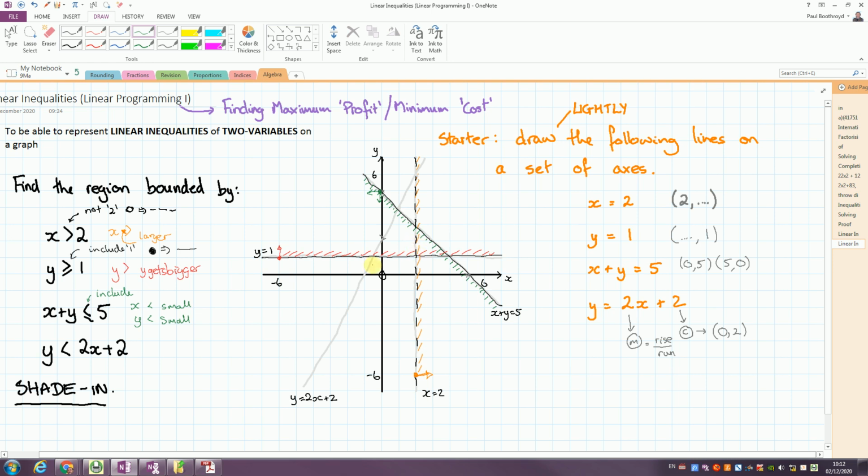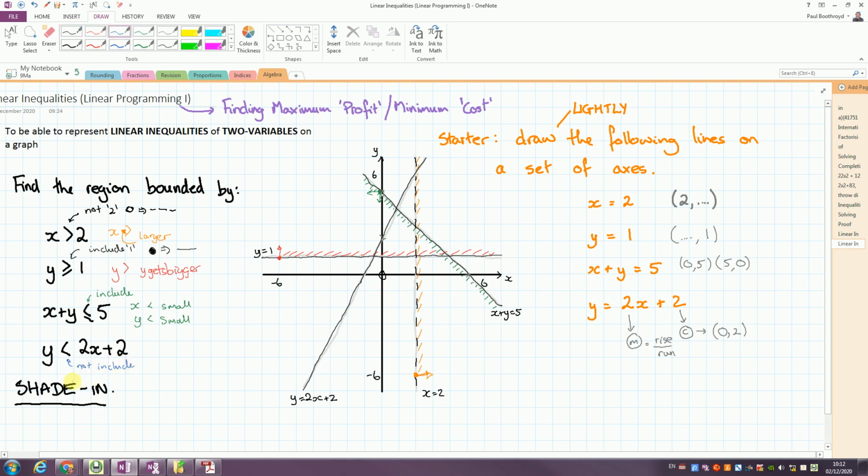Also, what we try and say is y is on the small side, which means below, and x is on the wide side, bigger, and that means right. So on my line, I want below, and I want to the right.